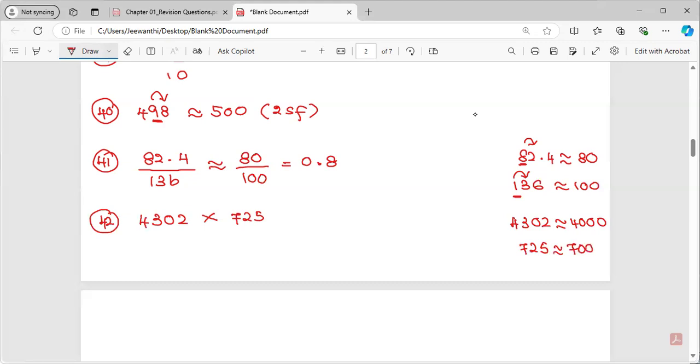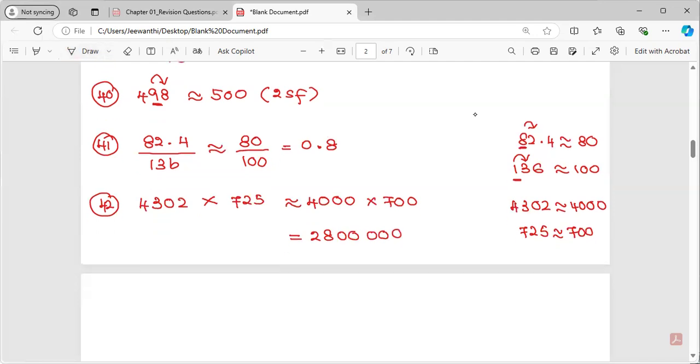So then I can rewrite this as approximately 4,000 times 700. So that means this is equal to 2,800,000. So then the approximate values that you can get are like this.